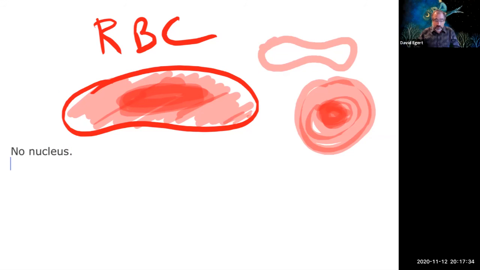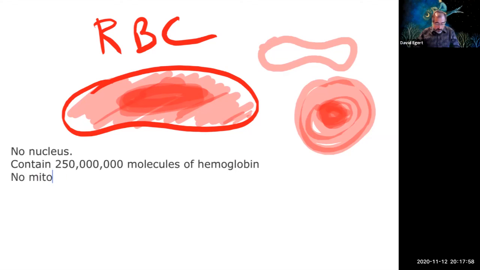They contain about 250 million molecules of hemoglobin, and no mitochondria.